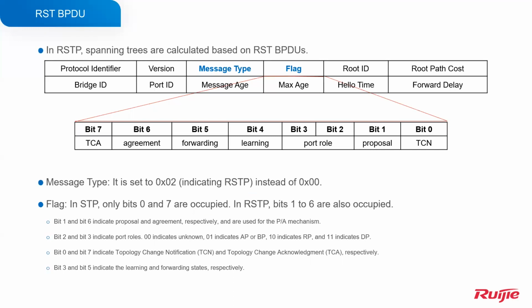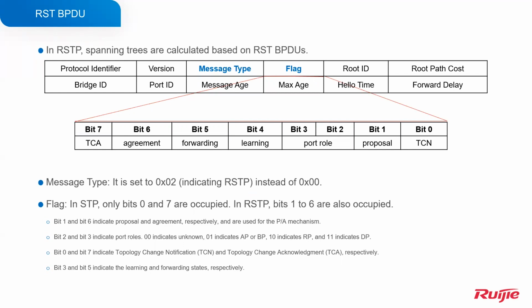The message type is set to 02, which indicates that this is the RST BPDU, the BPDU of RSTP. For the flag field, in STP only bit 0 and bit 7 are occupied, while in RSTP, bits 1 to 6 are also occupied. Let's see the function of them.